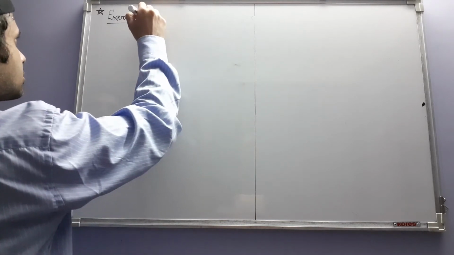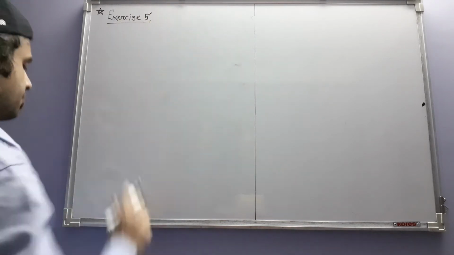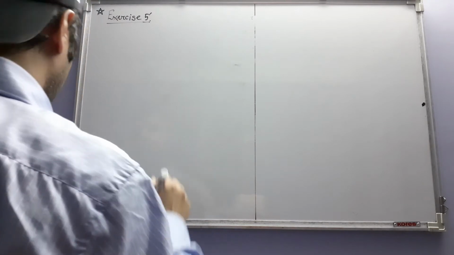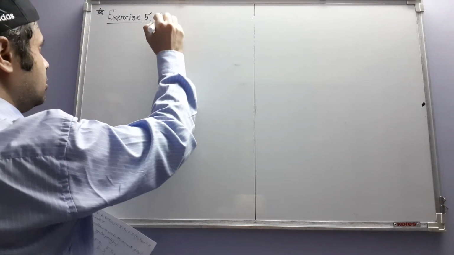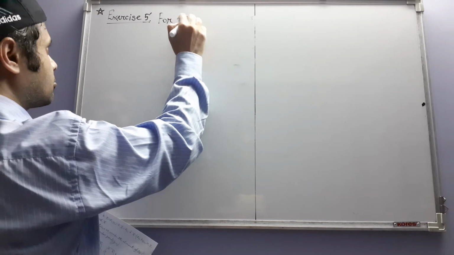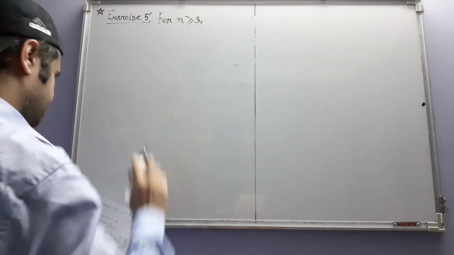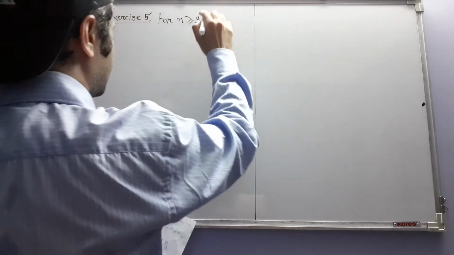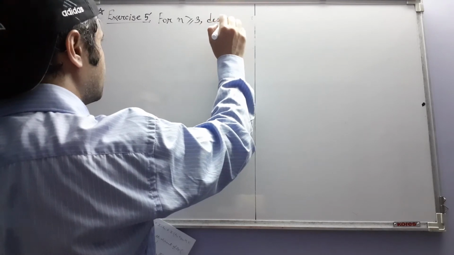So what does it say? For n greater than or equal to 3, describe the elements of Dn.